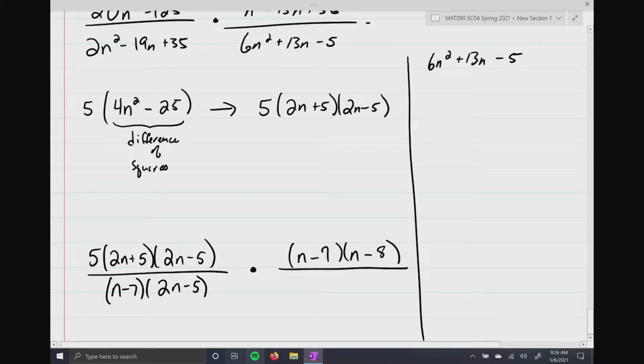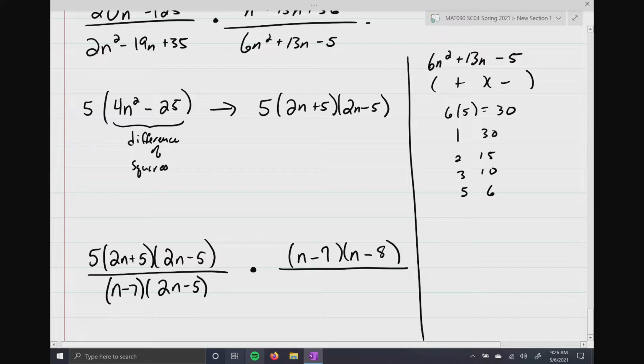All right, so 6n squared plus 13n minus 5. Remember, no GCF, trinomial. A is different from 1, so AC method and then factor by grouping. I'm just going to get an idea. 6 times 5 is 30. So that's going to give me 1 and 30, 2 and 15, 3 and 10, 5 and 6.